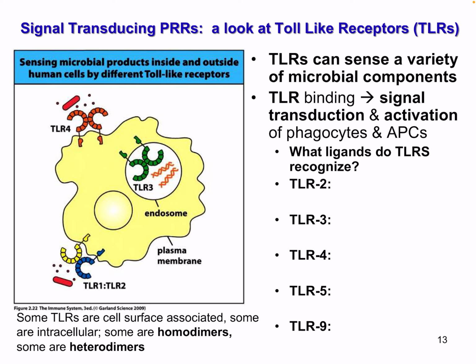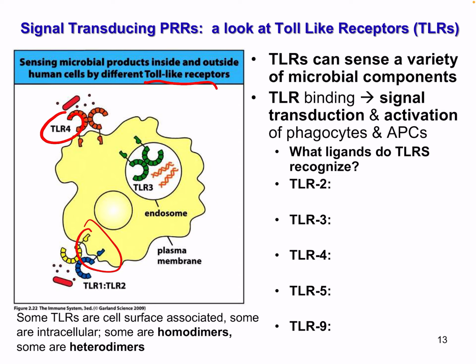So, signal transducing PRRs. A look at TLRs. A lot of the rest of the lecture will be focused on these, and these are really important and also involved in COVID, as we'll talk about later. So here we can just see a TLR on a cell. We can see the sensing of microbial products inside and outside of human cells by different TLRs. We have different TLRs in different locations, and they all recognize different specific things.